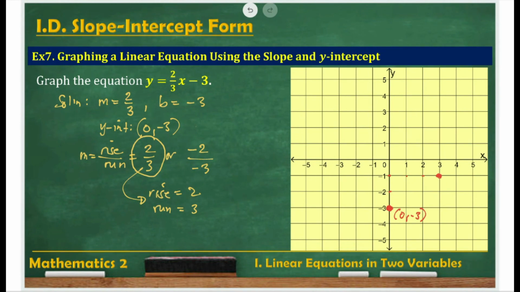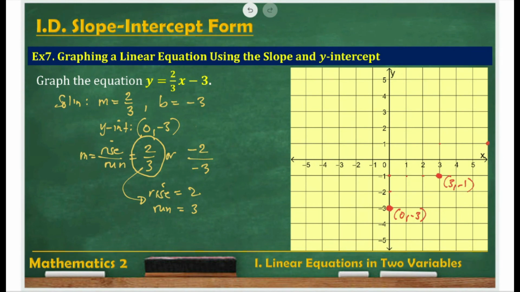We locate the next point, which is the point 3, negative 1. Actually, you can repeat the process. You can rise up by 2 units again and then run to the right by 3 units. So you can locate another point.